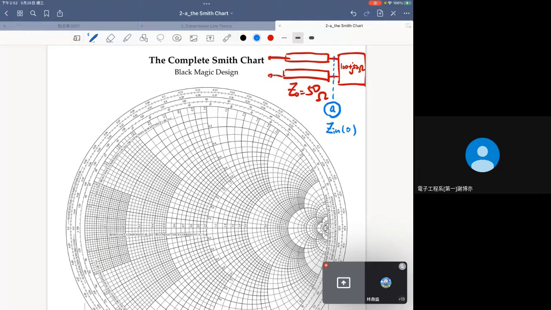Okay, this is a question. I give you three minutes, and at 2:55 I will close the question. Only some of you can answer. Find point A for me, please.